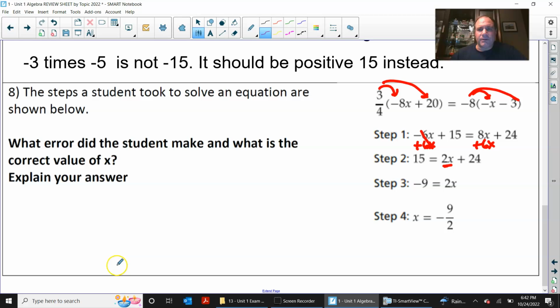And we're going to solve for the correct value of x. So I'm just going to write this: negative 6x plus 15 equals 8x plus 24. And I'm going to put the correct way to do this in blue.